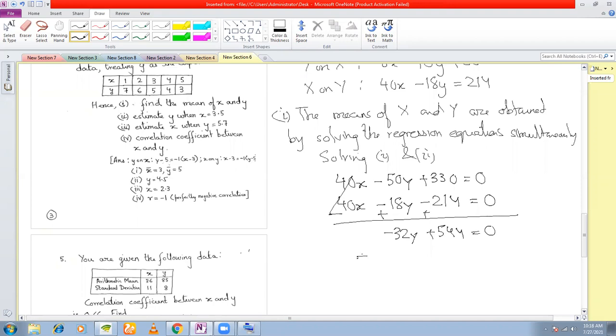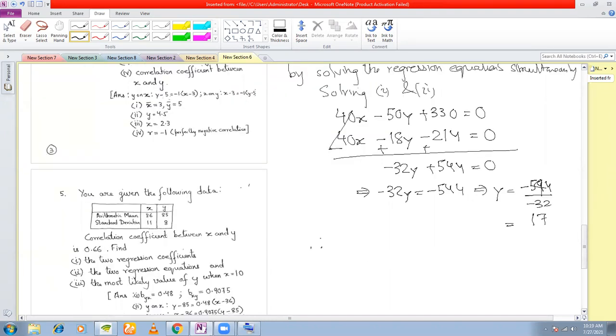That means minus 32y is equal to minus 544. That means y is equal to minus 544 divided by minus 32, which we get as 17. So therefore, what is the mean of y? y bar is equal to 17, right?